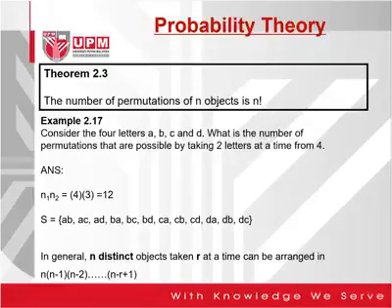In general, we can say n, n minus 1, n minus 2, and we stop at n minus r plus 1. If you refer to example 2.17, n is 4, and r is the number of objects we want, only 2. So 4 minus 2 is 2, plus 1, that's why it's 3. So 4 multiplied with 3.